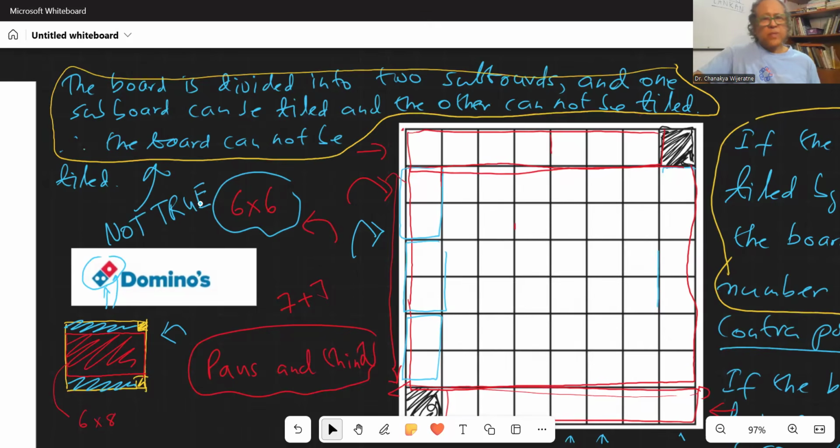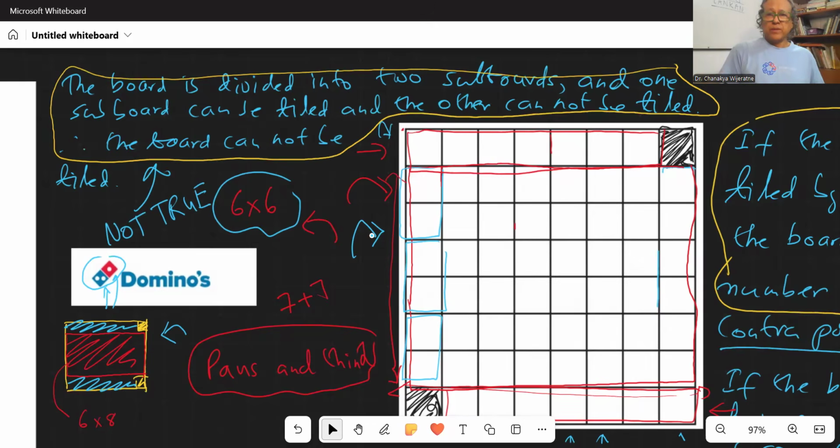All right. So that means that we need to come up with some other argument or a layout, right? Argument if it can be tiled, layout if it can be tiled, right? Now, a chessboard has a coloring, right?